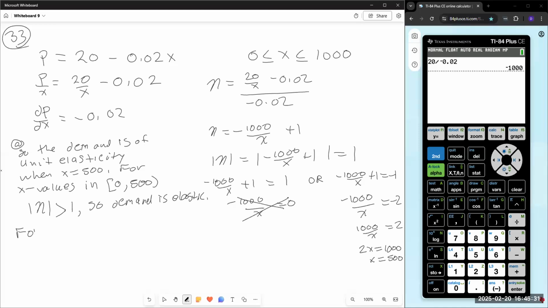For x values in the interval of 500 to 1,000 included, sticking 1,000 in there would give me negative 1 plus 1 is 0, which is less than 1.